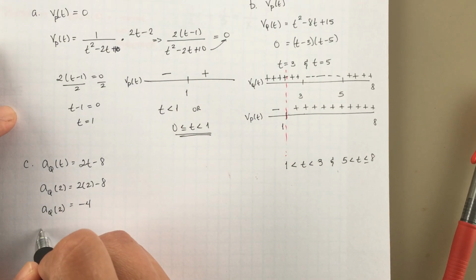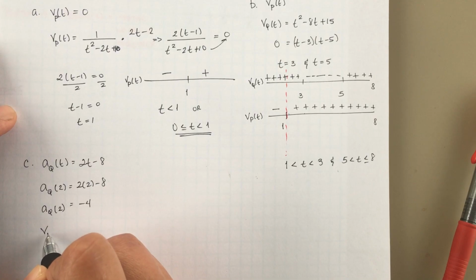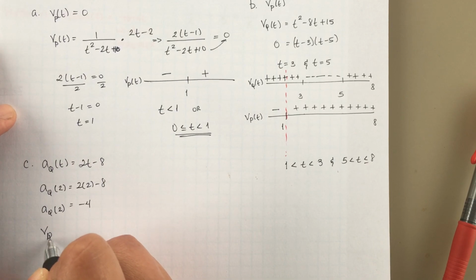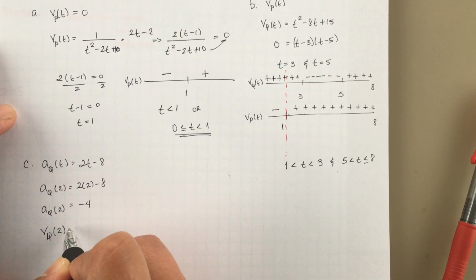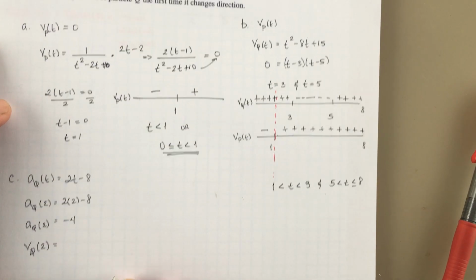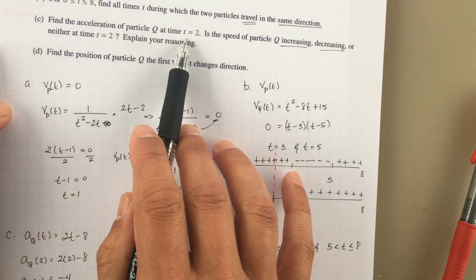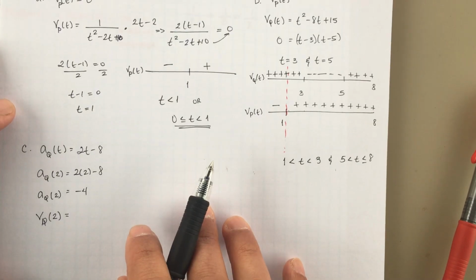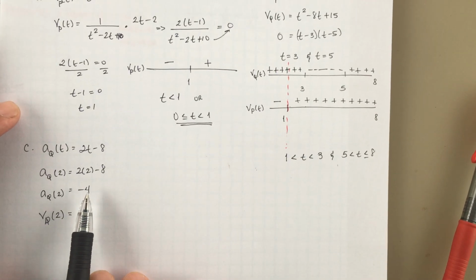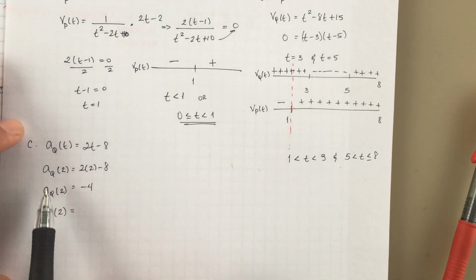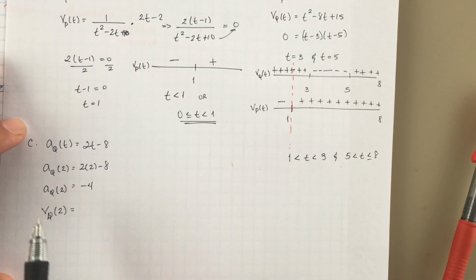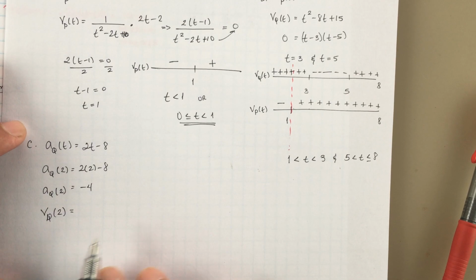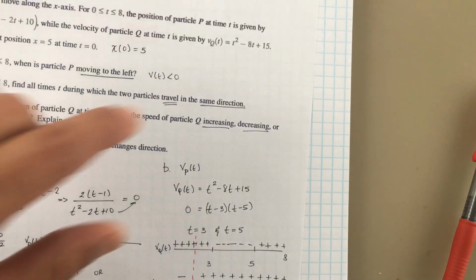You also have to look at the velocity of the q particle at 2. Just like in 2016, we have to look at both velocity and acceleration. So at 2, what's the velocity?